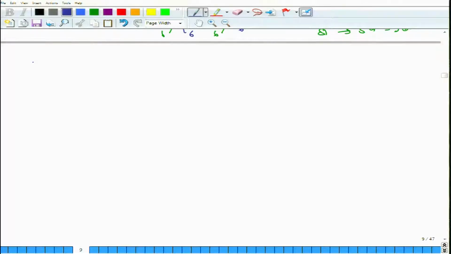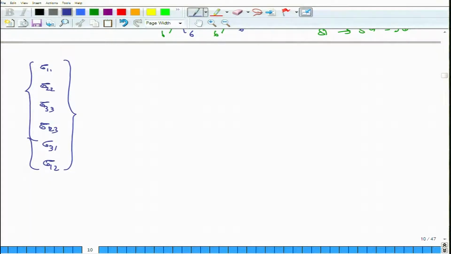So, this is our sigma 11, sigma 22, sigma 33, sigma 23, sigma 31, sigma 12.